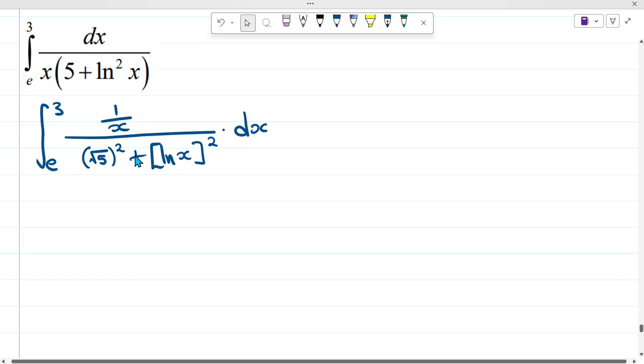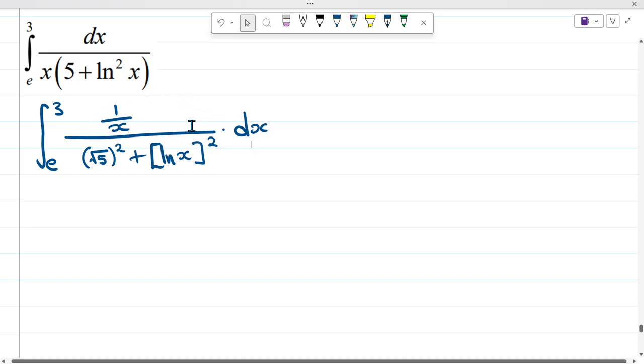this is tan inverse, because we have a squared plus f of x squared with the numerator being the derivative of f of x. If we let ln of x be our f of x, then the numerator here is the derivative of this, which satisfies our formula for tan inverse.